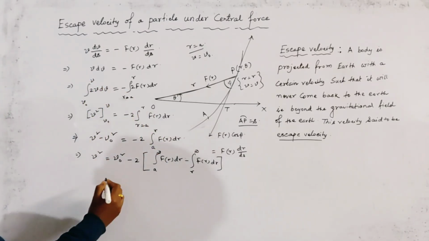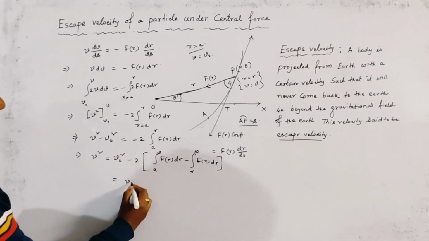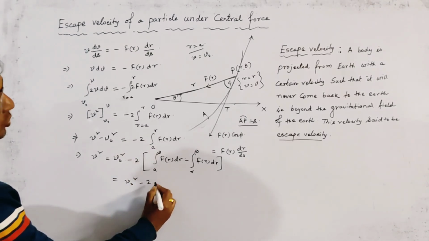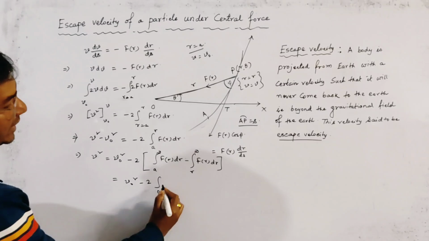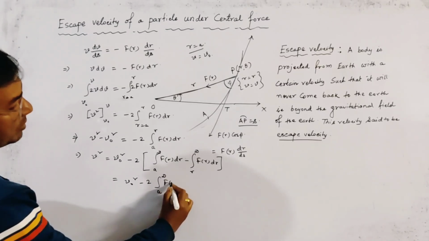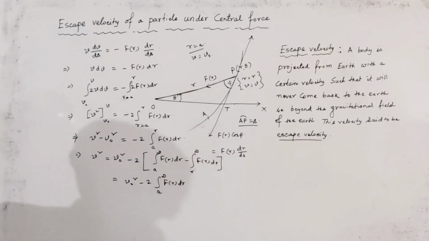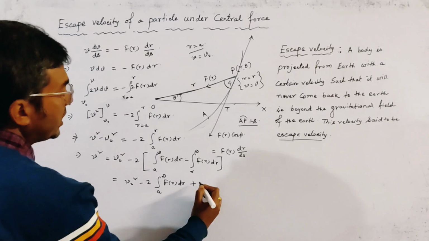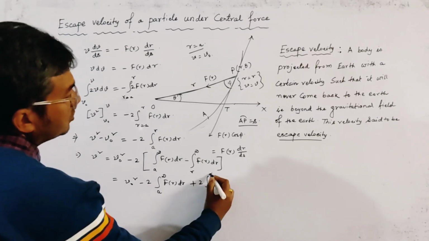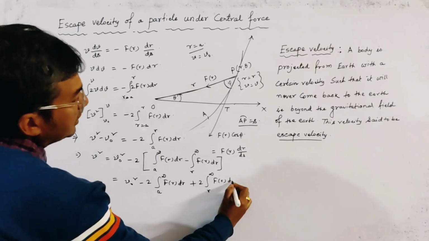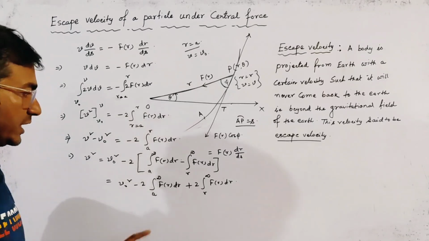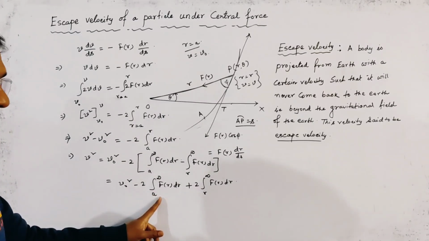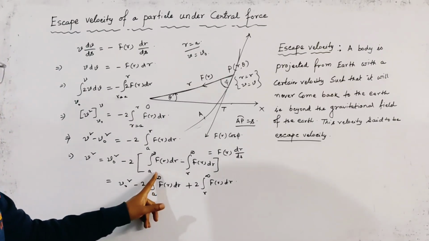So we write v squared equals v0 squared minus 2 times the integral from a to infinity of f(r) dr, and the last term is plus 2 times the integral from r to infinity of f(r) dr. Now the range of the second integration is from the initial value to infinity.